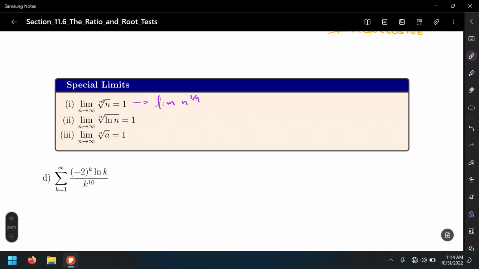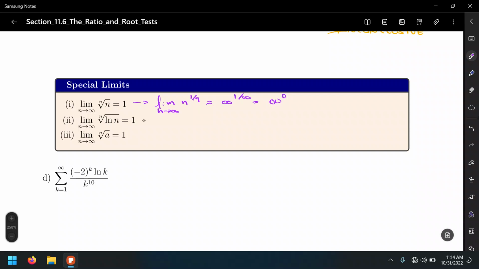The denominator n is the index of the radical, and as n approaches infinity, this is infinity to the 1 over infinity, which is infinity to the 0 power, and that's one of the indeterminate forms that you learned back in Calculus 1.